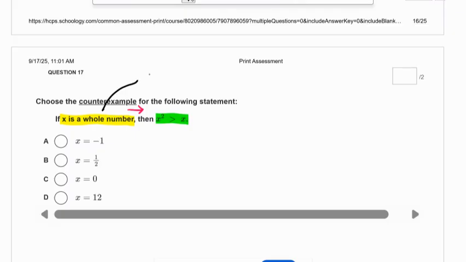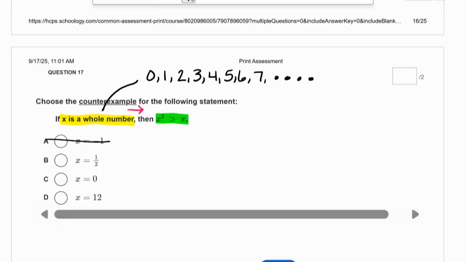Okay, whole numbers start with 0 and then they're whole. So it'd be like 0, 1, 2, 3, 4, 5, 6, 7, 8, 9, so on and so on and so on. So let's eliminate any answers that are not in the list 0, 1, 2, 3, 4, 5, 6, 7, and on and on and on.